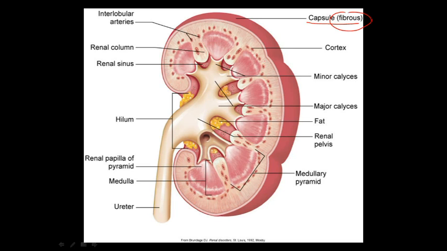We have the cortex residing in this area, and then we have the medulla, which is basically this area here in between. I know that this says that this is the medulla, but we also have this area here as well, confirming the medulla.